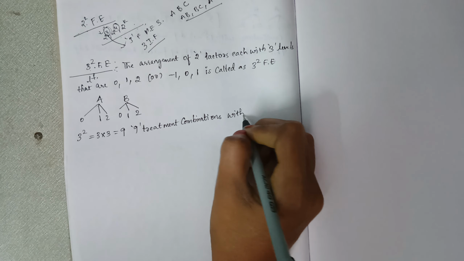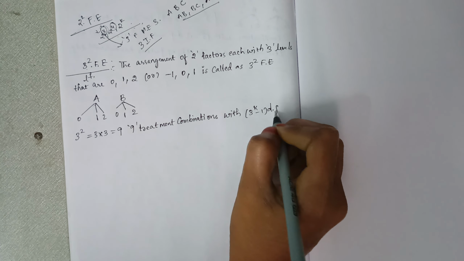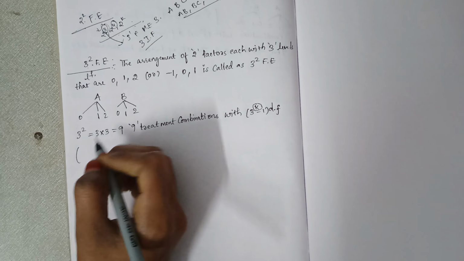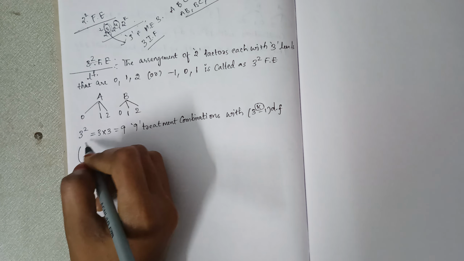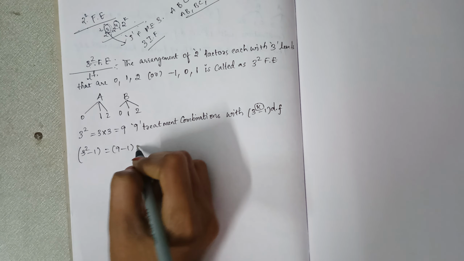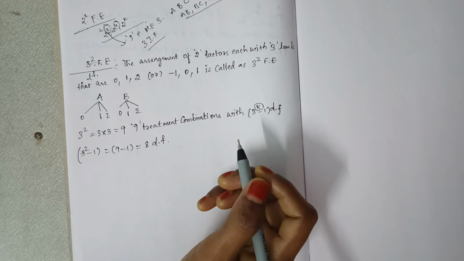with 3^k - 1 degrees of freedom. This k is nothing but the number of factors. Here the factors are 2. So 3² - 1, that is 9 - 1, which is equal to 8 degrees of freedom. So 9 treatment combinations with 8 degrees of freedom.